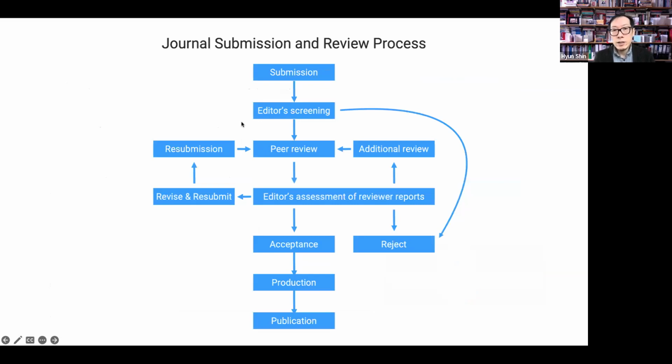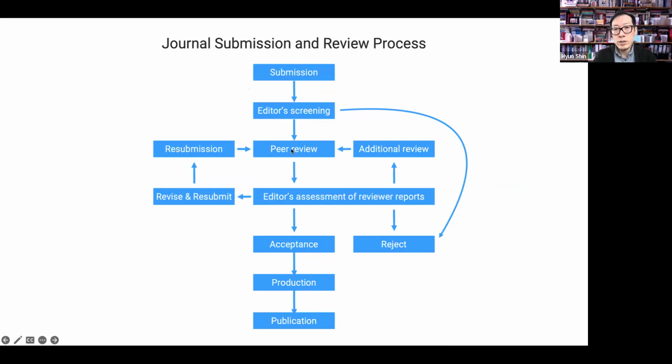And here, if I may just briefly remind everyone about the journal publishing submission process, something I suppose you are all very familiar with. Start with submission, which goes through initial editor's screening, who may decide whether to desk reject it or to send it to peer reviewers.